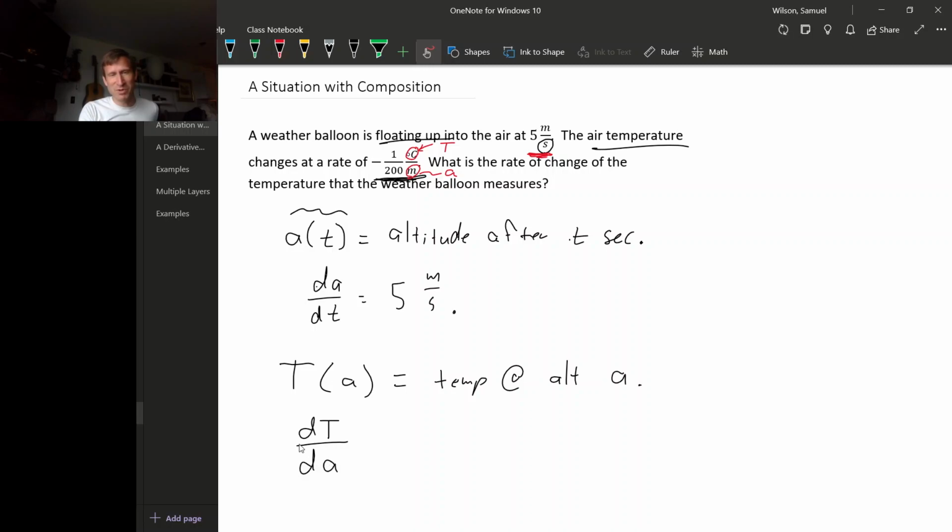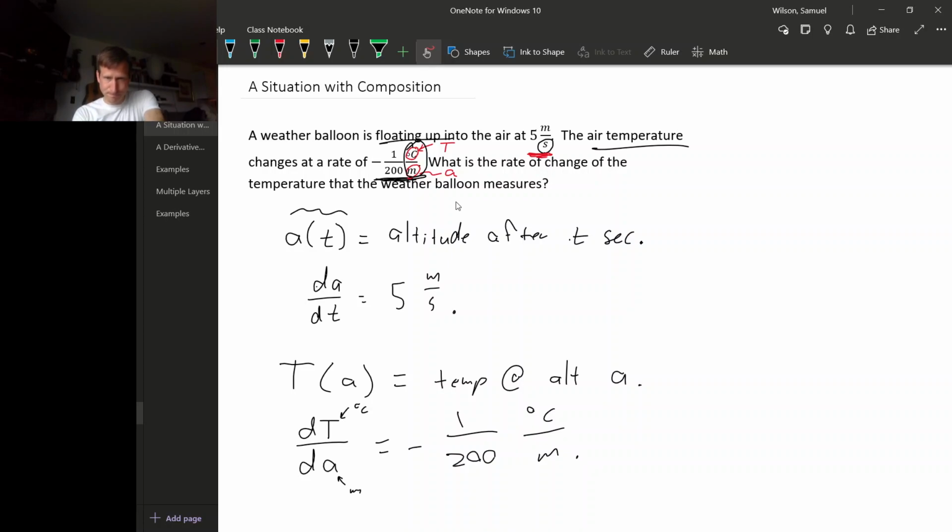Because remember, the units for a derivative are the unit for the thing on top, which for capital T is degrees Celsius, divided by the unit for the thing on bottom, and the unit for altitude is meters. So just by looking at the units, we can tell that this rate of change is actually a value for dT/dA, so d temperature, d altitude. And this is -1/200 degrees Celsius per meter.